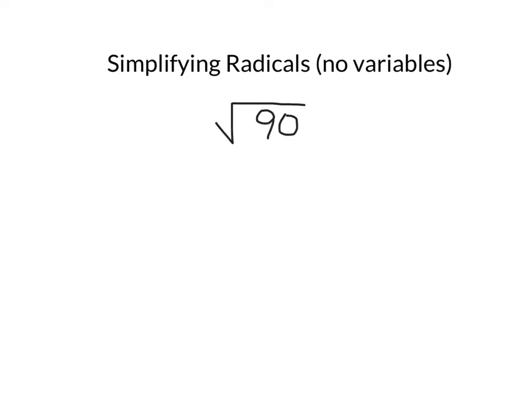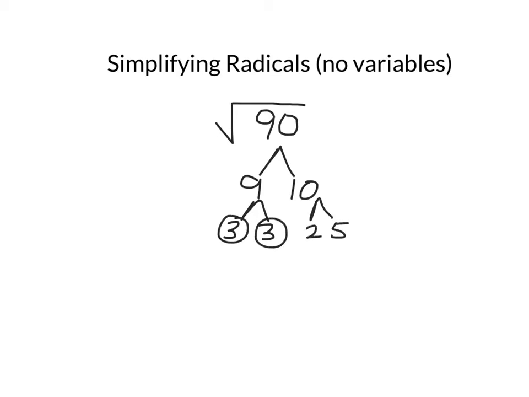I'm going to do one more with the prime factors before I show you another method to simplify radicals. Let's do the square root of 90. We know 90 is 9 times 10, and 9 is 3 times 3. Those are both prime. 10 is 2 times 5, and both of those are prime. So I'm going to put it back in the radical, 2 times 3 times 3 times 5.